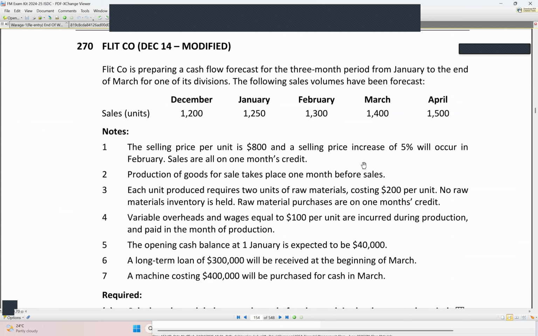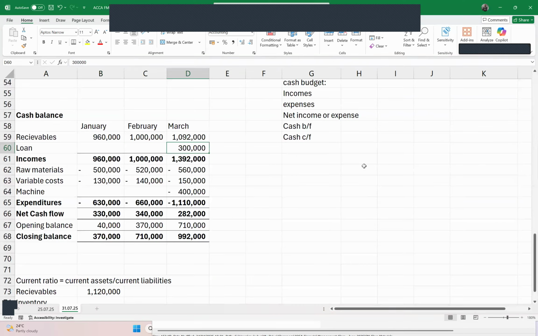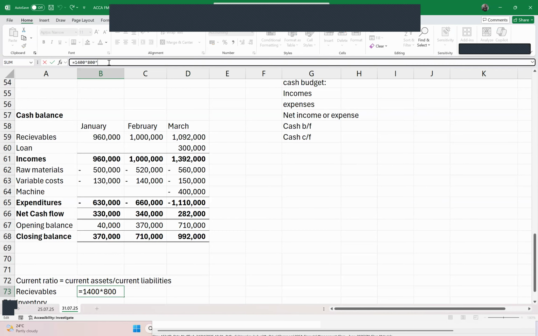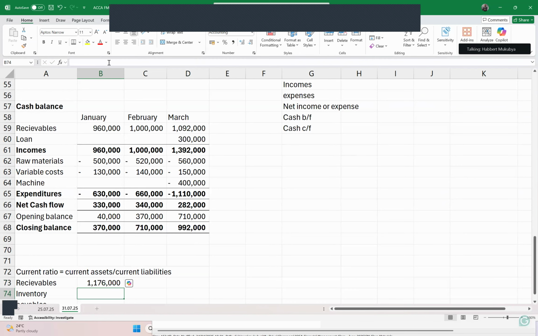So now we are going to also take that same increment. That is going to be the receivables as of March.